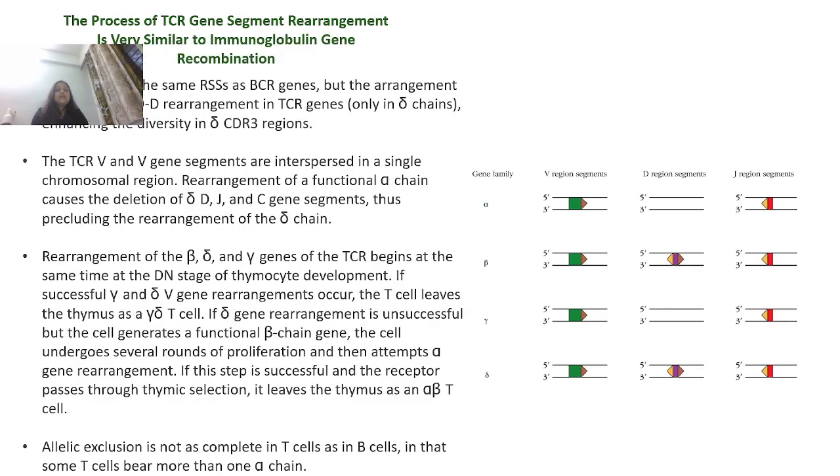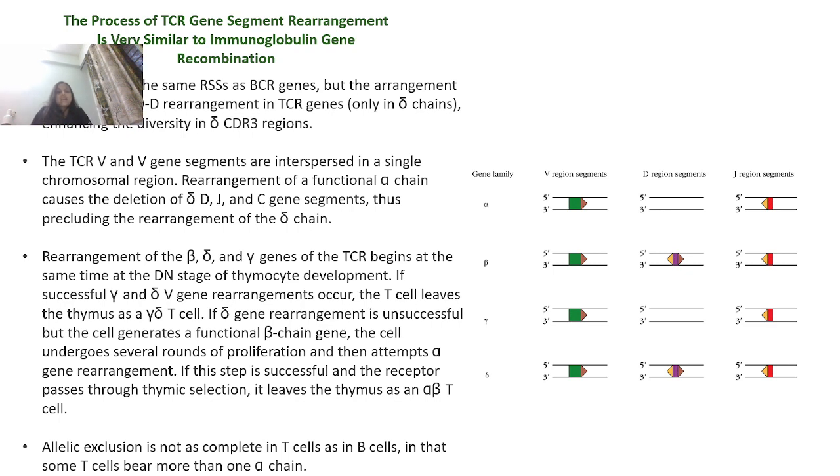The process of this rearrangement is similar to immunoglobulin gene recombination. Like BCR, as I already told last class, it uses recombination signal sequences. Here also TCR genes use the same RSS, or recombination signal sequences.